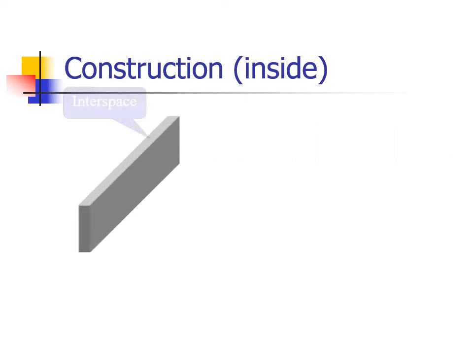The basic construction of a grid is very simple, but must be machined to exacting tolerances to avoid interfering with the radiographic image. The grid was invented by Dr. Gustav Bucky in 1914. We will start our construction with a thin strip of what's called interspace material.